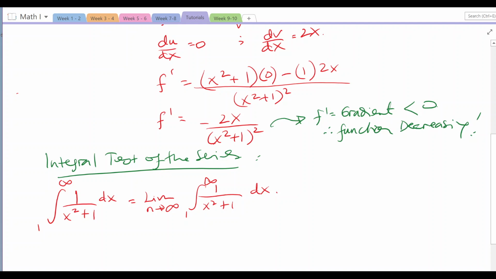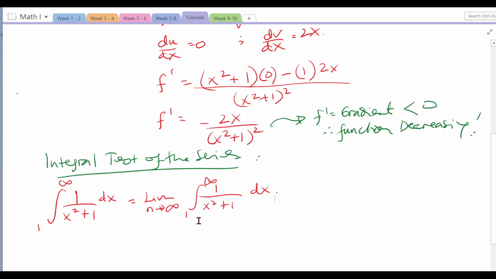The integral of 1 over x squared plus 1 here is pretty standard in textbooks. You can get the value directly, or you can derive it, which is going to be very long.